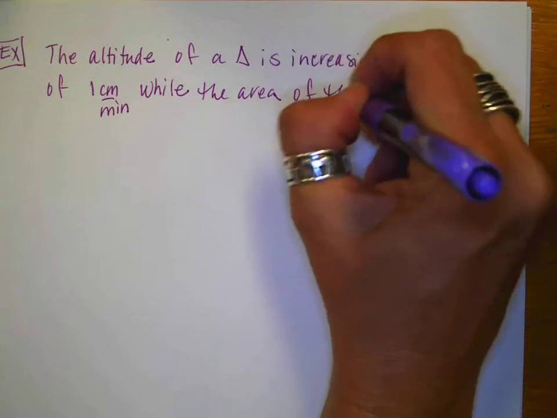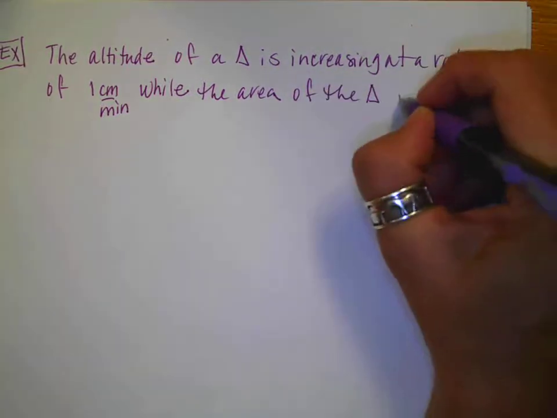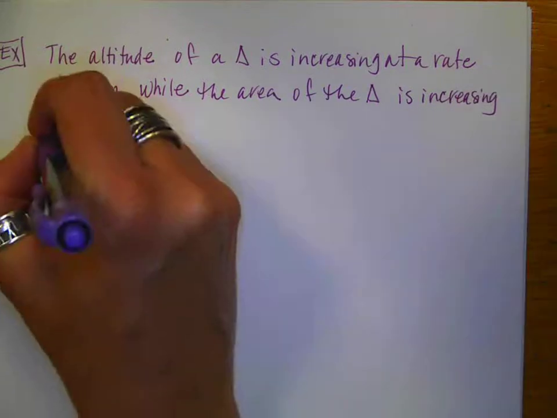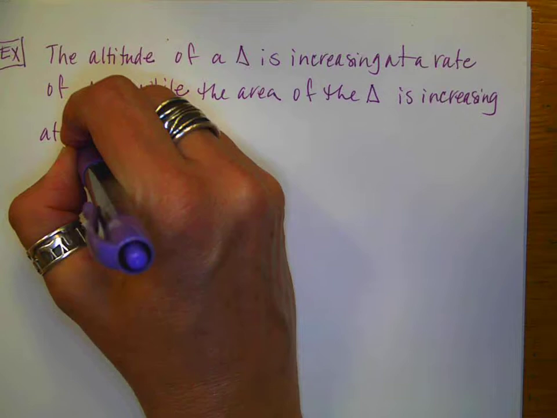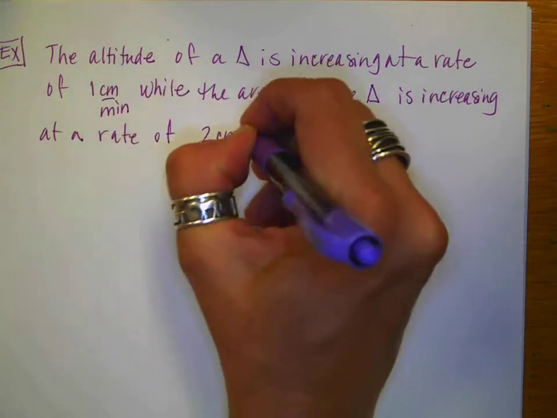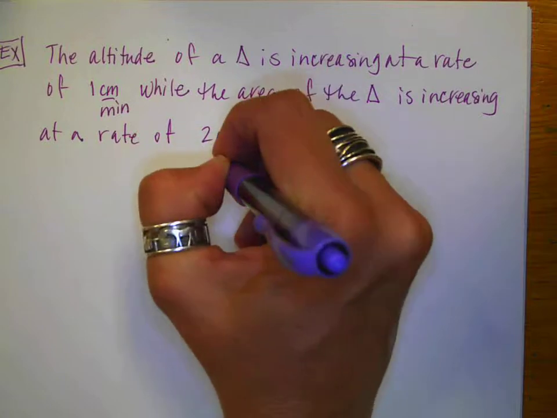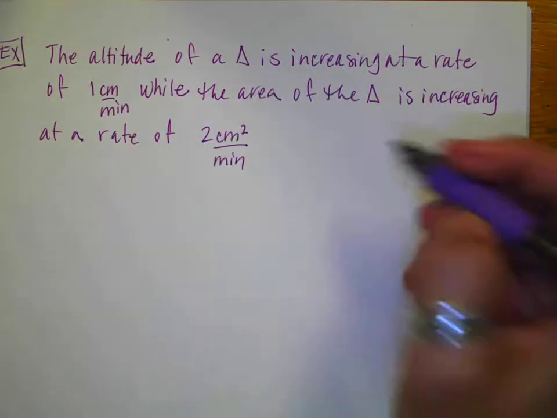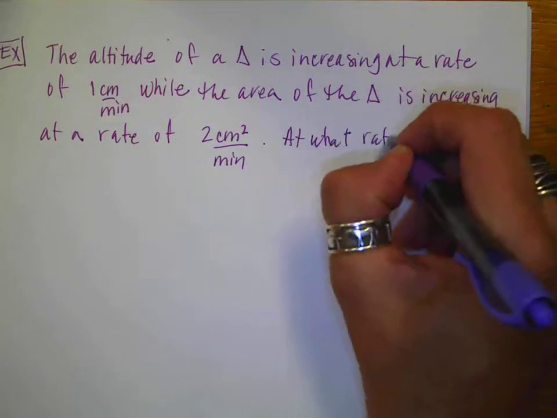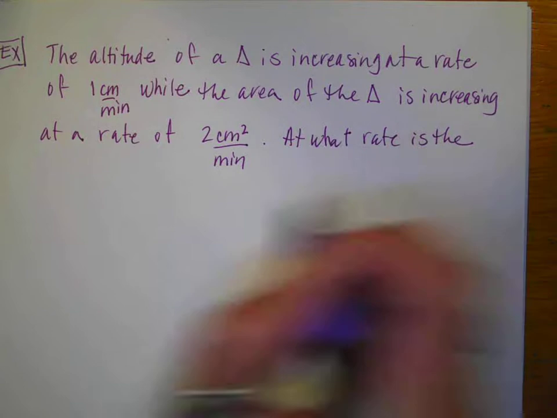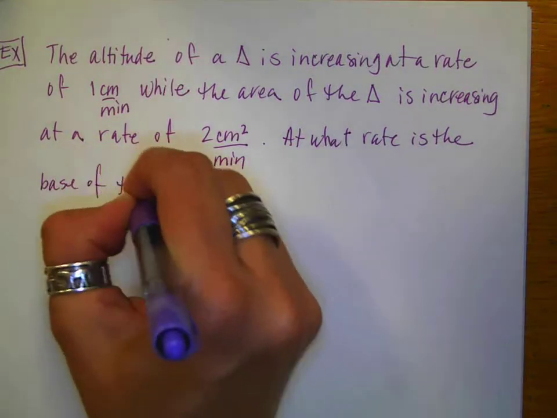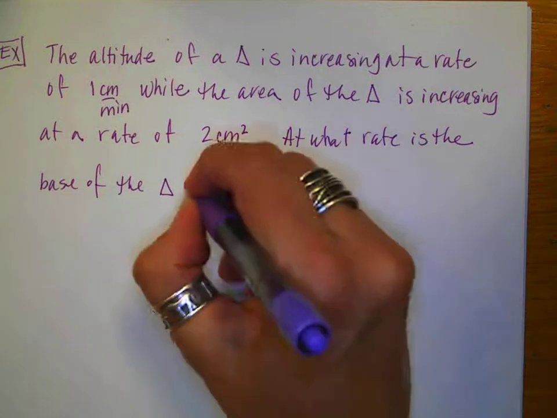While the area of the triangle is increasing at a rate of 2 square centimeters per minute, because we're talking about area. And then the question is, at what rate is the base of the triangle changing?